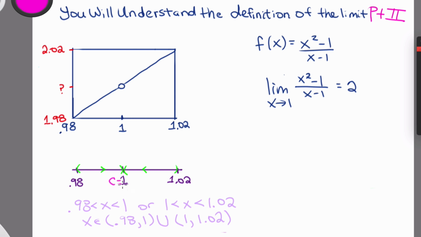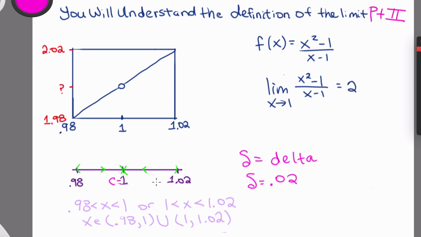Well, we've moved 0.02 units in either direction. Let's call 0.02 a small number, say delta. This is delta. Let's make delta equal to 0.02.